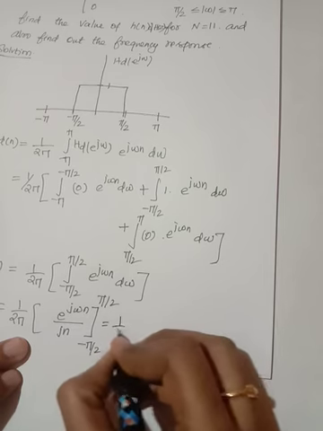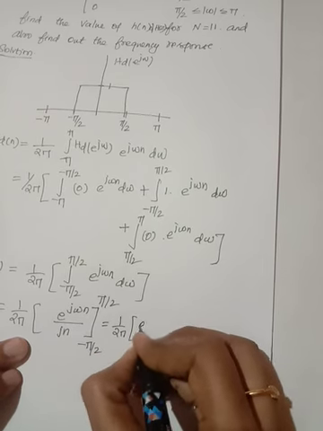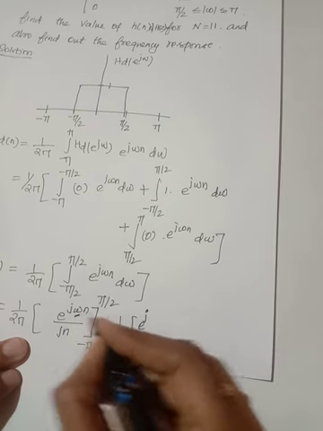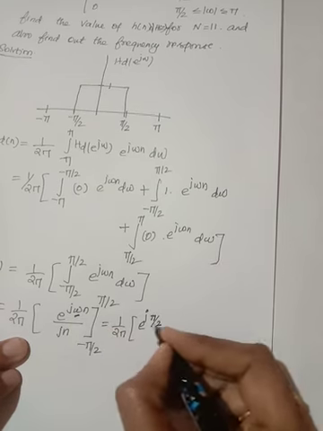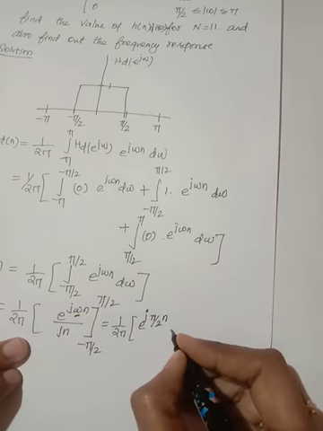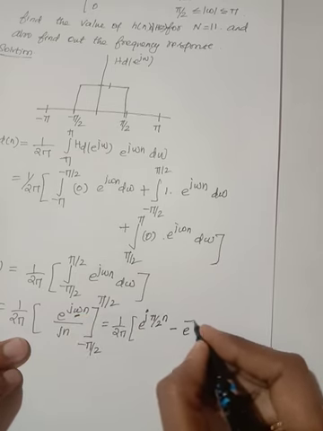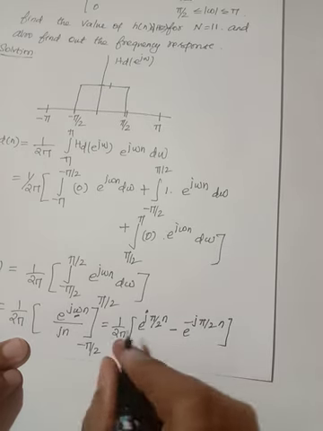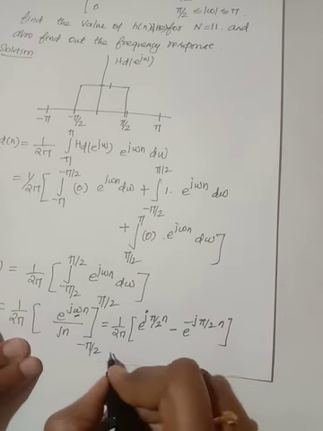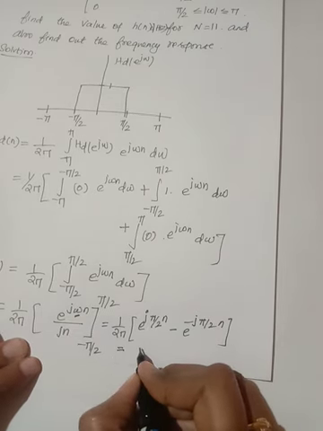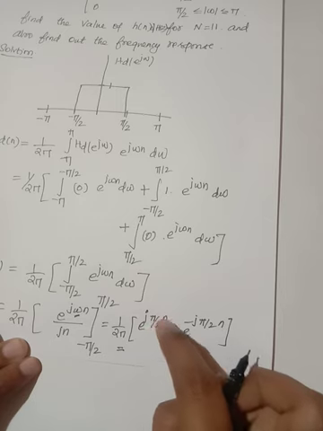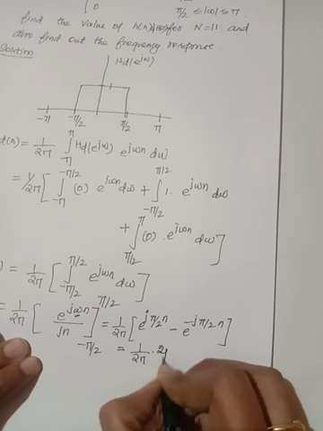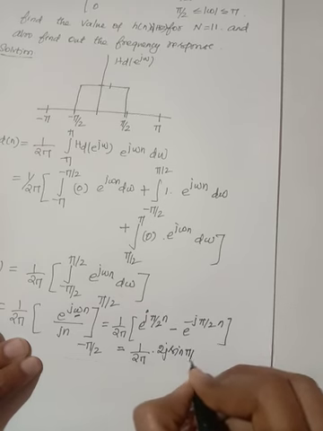When I apply the limit, I will get e power j pi by 2 n minus e power minus j pi by 2 n, minus the lower limit, which is nothing but 1 by 2 pi, 2j sine pi by 2n.